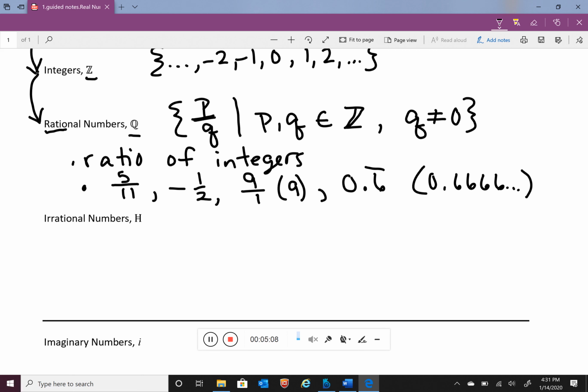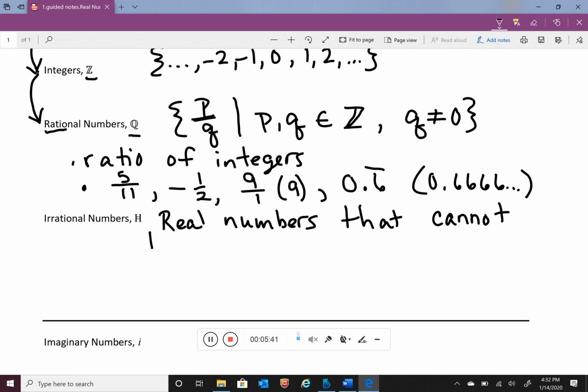Now, irrational numbers, I can't draw this arrow here because rational numbers and irrational numbers are almost like the reverse of each other. So irrational numbers are real numbers. They're still real. So they are real numbers that cannot be expressed as a ratio of integers. So I want you to be thinking about this as you're writing it down.